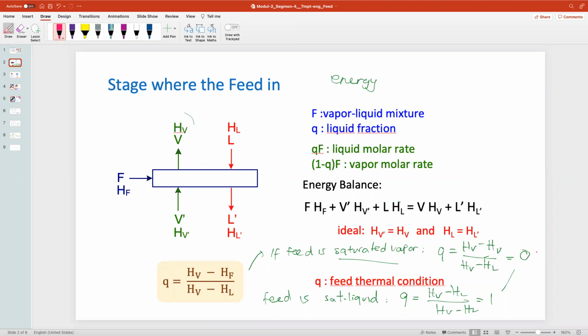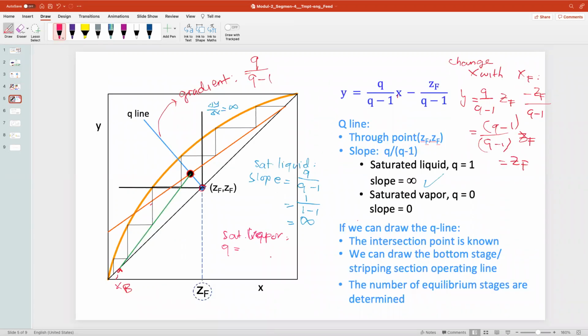Good, you remember. So if Q is 0, then what is the slope? 0 divided by 0 minus 1 equals 0. So this is the slope for saturated vapor: horizontal.